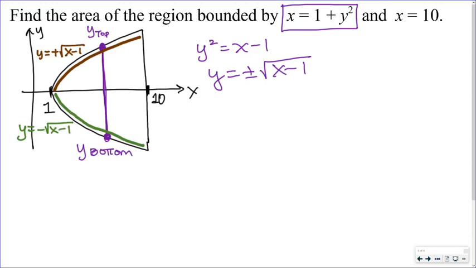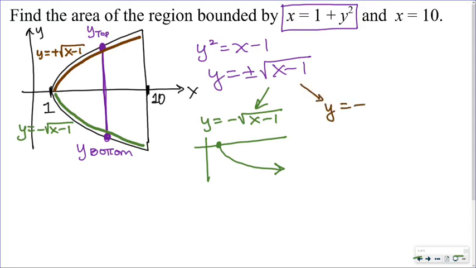Again, this is two separate functions. Y equals negative root x minus 1 is the bottom half of this sideways parabola, and y equals positive root x minus 1 is the top half of this sideways parabola.